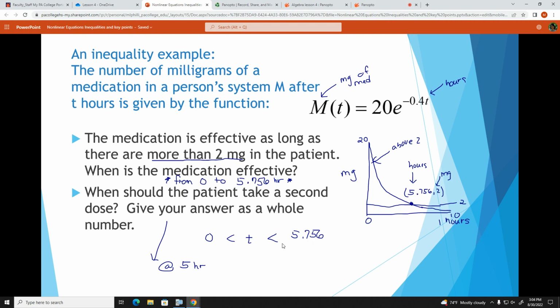I say 5 hours because if they wait till 6 hours, you would have a period of time where there's no medication being effective. So if I wait till 6 hours, there's a time when the med level is not high enough to be effective.